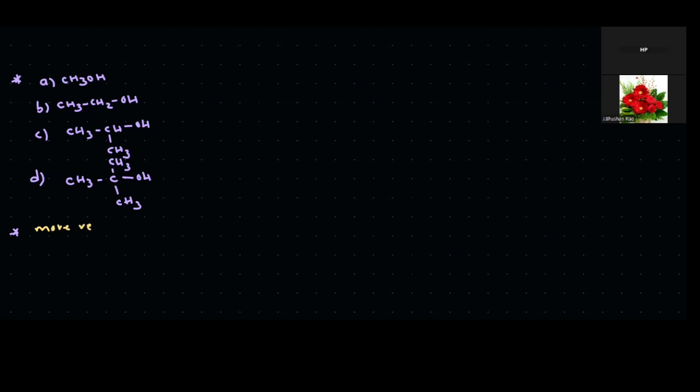Towards sodium metal means that in the presence of sodium, sodium easily replaces the H plus ion. That is the meaning. First we can identify which one is the most stable compound.